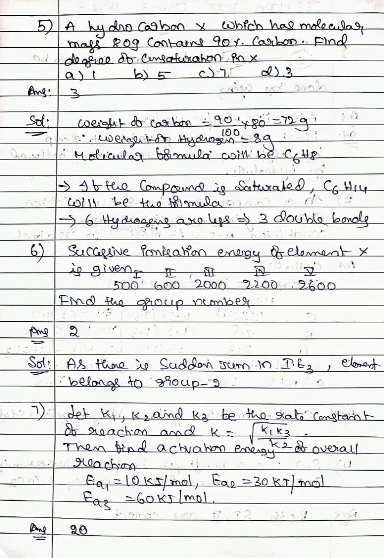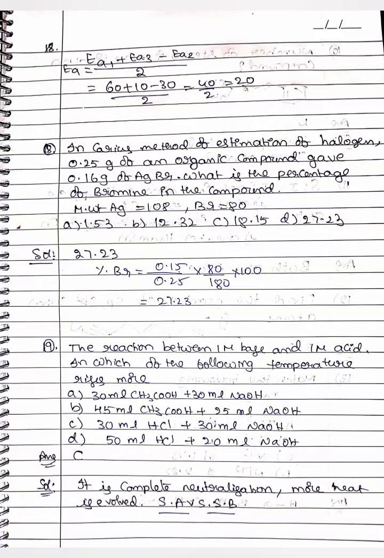So K1 and K3 are multiplying, which means we need to add EA1 and EA3, and K2 is in the denominator, that means we need to subtract EA2, and as there is a square root, we take half of the whole expression. So EA is equal to EA1 plus EA3 minus EA2, divided by 2, where we are getting 20 as the overall activation energy.